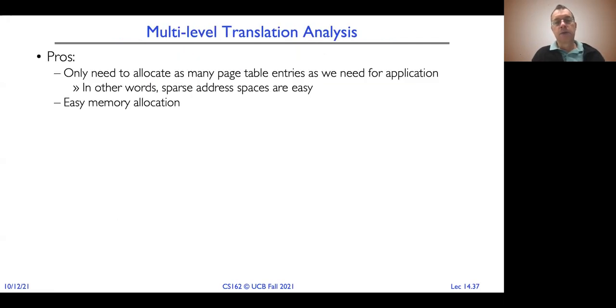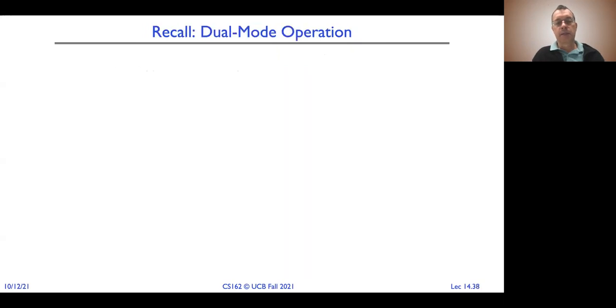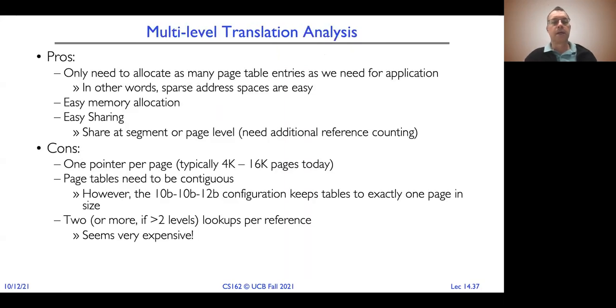So let me do this one last slide, and then I'm going to stop here. When you have multi-level translation pages, what are the pros and cons? The big pro is that you need much less space for the page tables, right? The paging itself has the big advantage that pages are fixed size, so they retain simplicity. You have no external fragmentation, only internal fragmentation.